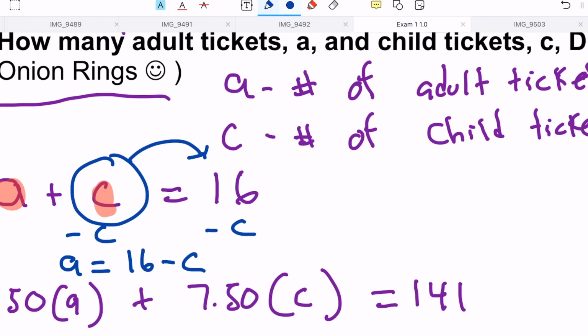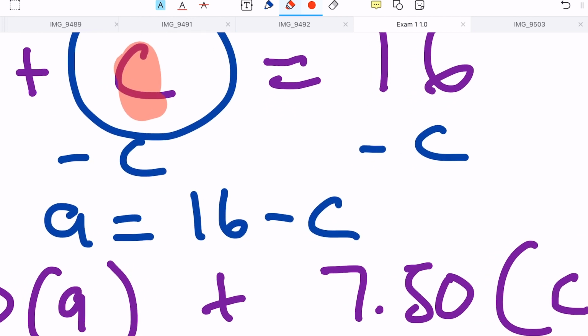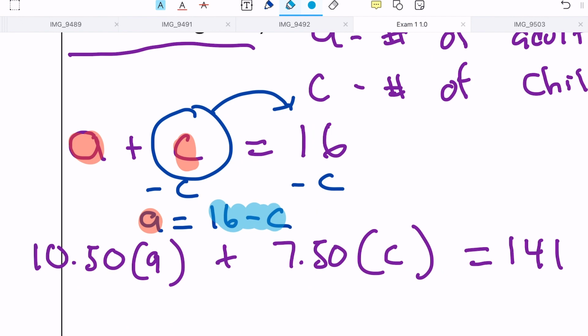So A is going to equal 16 minus C. So right here, once you have a variable by themselves, you can see, let's say the French fries, you can see the onion rings. I'm trading A for 16 minus C. That's my trade. That's my substitution. So I go to my other equation.